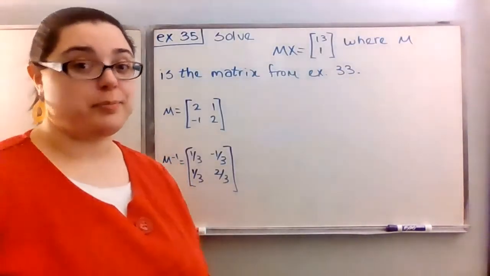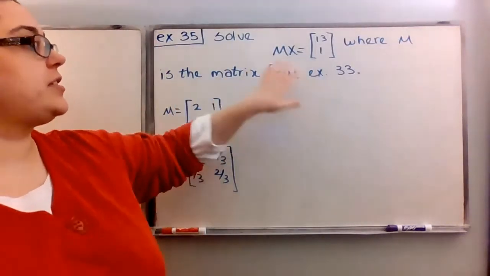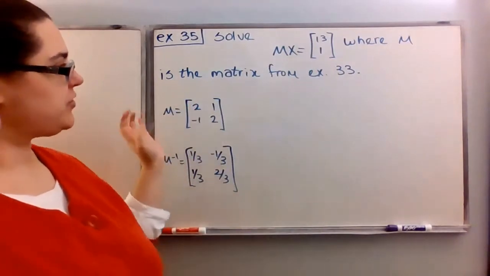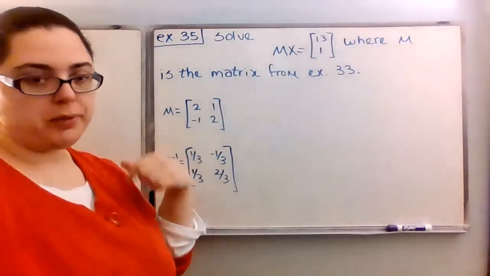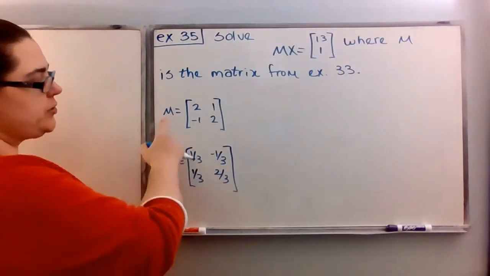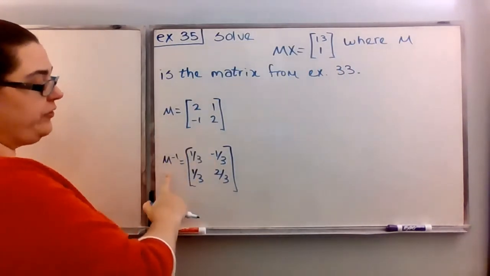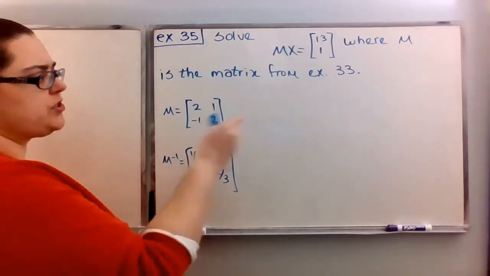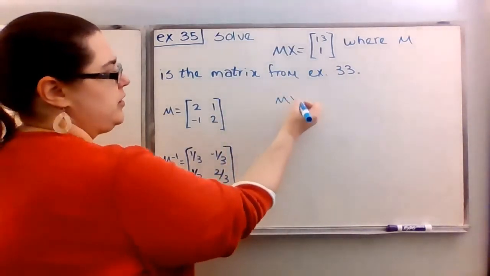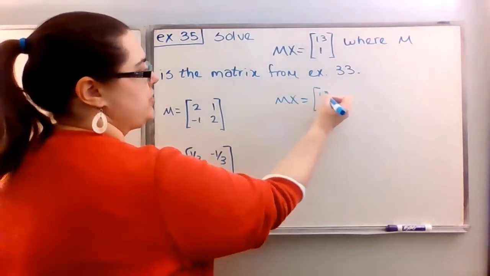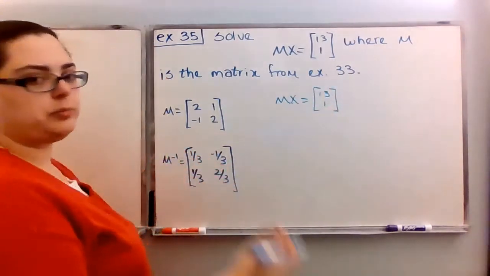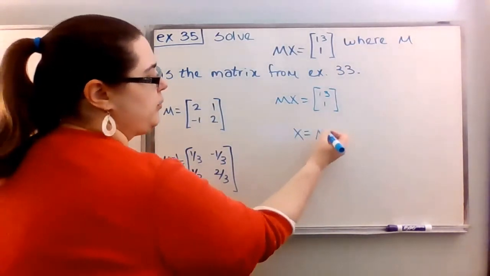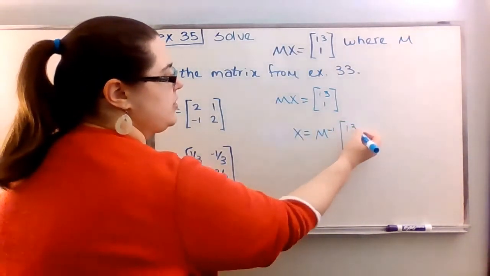All right, for this final example today, we're going to solve this system, MX equals the column matrix 13, 1, where M is the matrix from back in example 33. So in example 33, this was our matrix M, and we found its inverse to be this matrix here. So to solve MX equal to 13, 1, we can apply what we just did in that note and say that X is going to equal M inverse times the 13, 1.